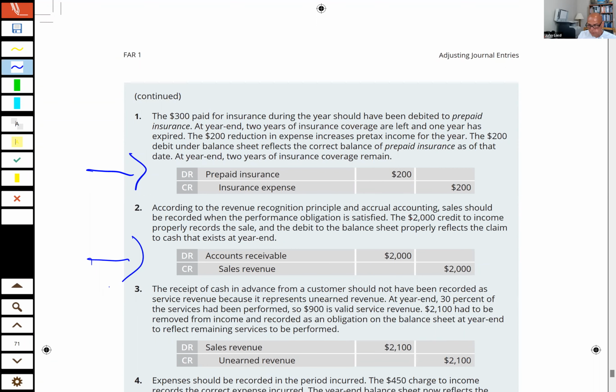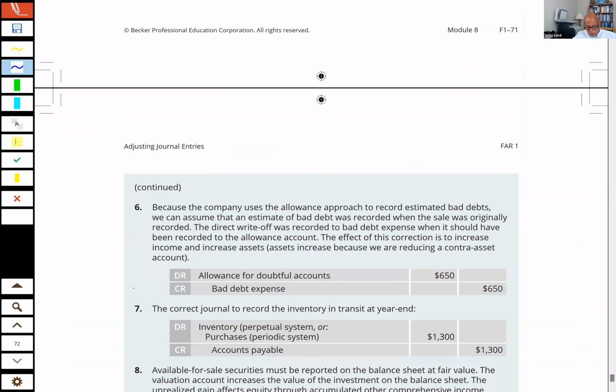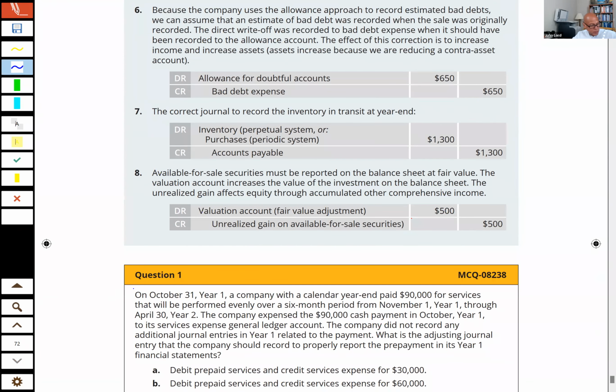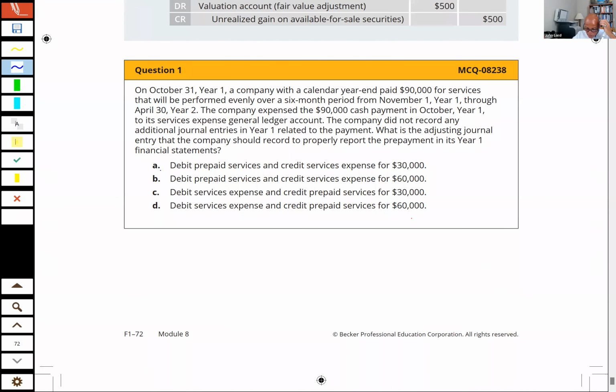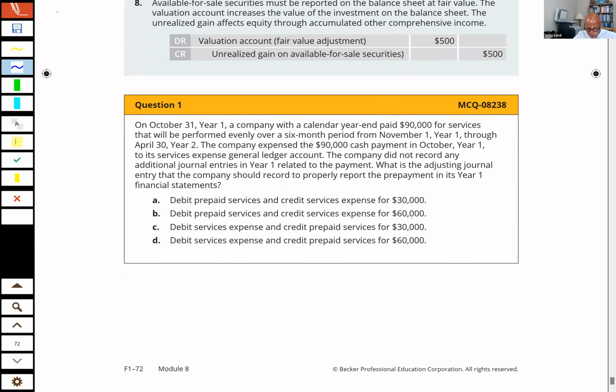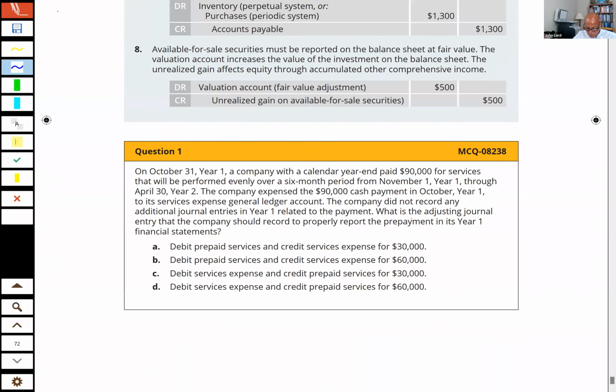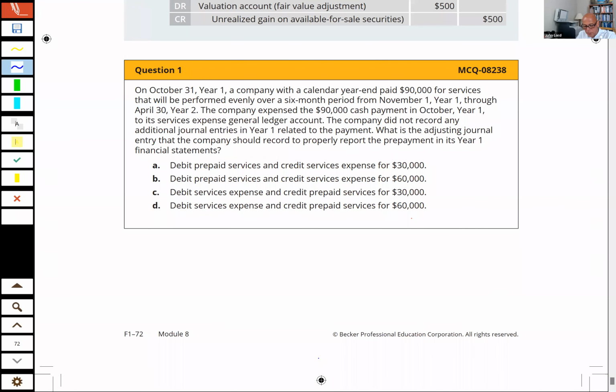Okay, good. And let's practice that with a CPA exam question. Okay, so let's take a look at this question. I'm going to give you some time to look at this one, but practice that approach of what did they do wrong? How do I fix it? And you can even use the T account approach like I was showing you. I'm not a huge believer in using T accounts on the CPA exam, but for these kind of questions, I think it's helpful.